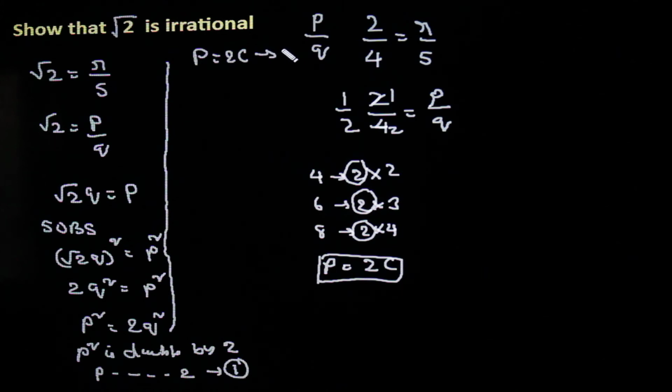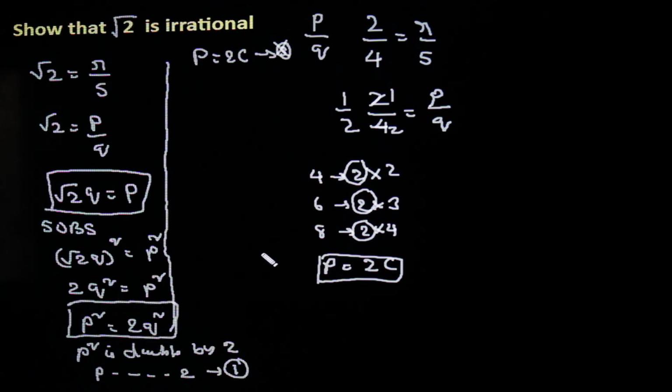This should be substituted in the result of this one, that is p square is equal to 2q square. What is p? 2c. P square, that is 2c whole square, is equal to 2q square.